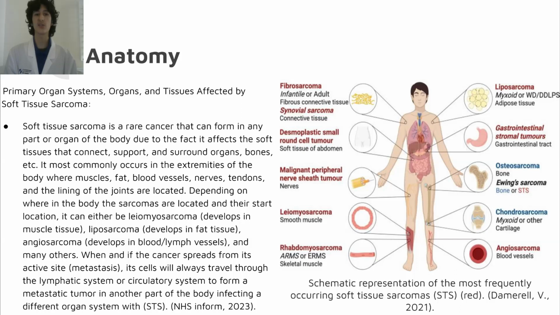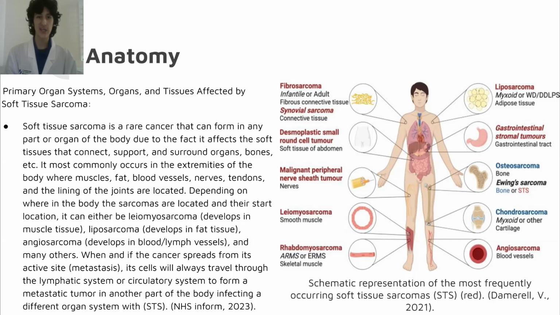Depending on where in the body the sarcomas are located and their start location, it can either be classified as leiomyosarcoma, which develops in muscle tissue, liposarcoma, which develops in fat tissue, angiosarcoma, which develops in blood or lymph vessels, and many other types of sarcomas.